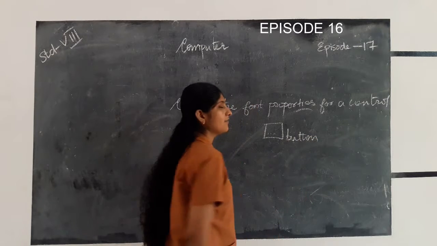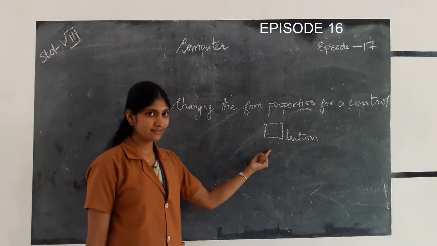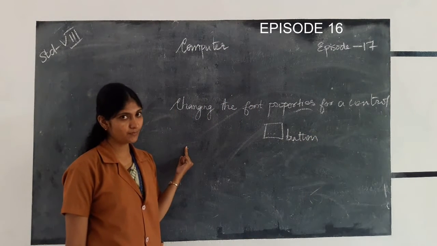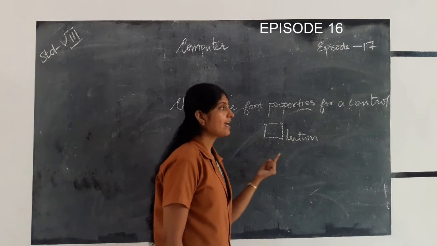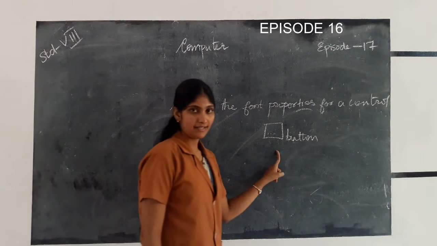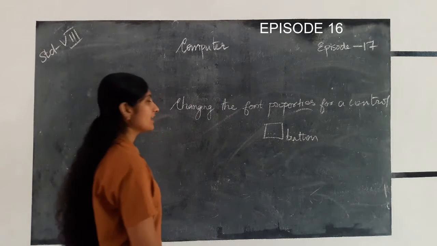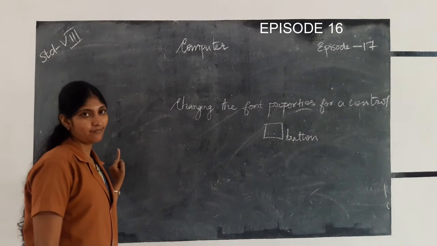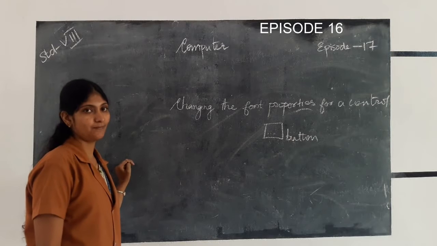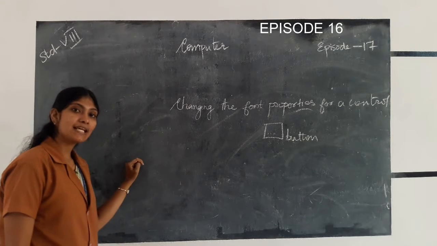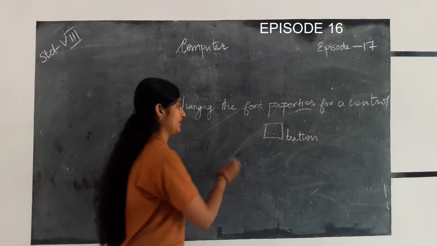Click on the font property and click this button. And when we click this button, different types of fonts are available in the box. And also you can select the color and the size.